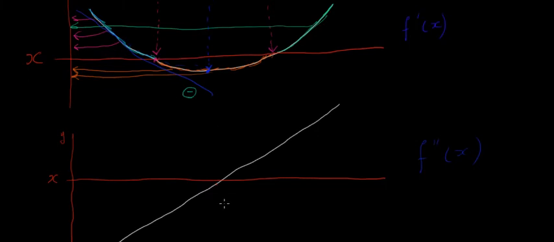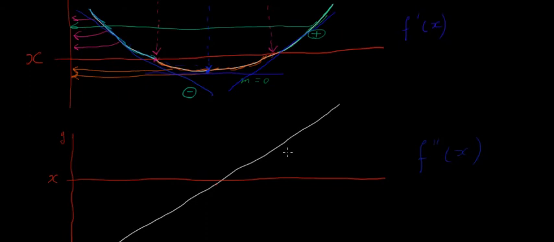Now at our turning point here, if I drew a tangent, that tangent will have a zero slope again, so m is equal to 0 here. And continuing on up along this side, any tangent along here will have positive slope.